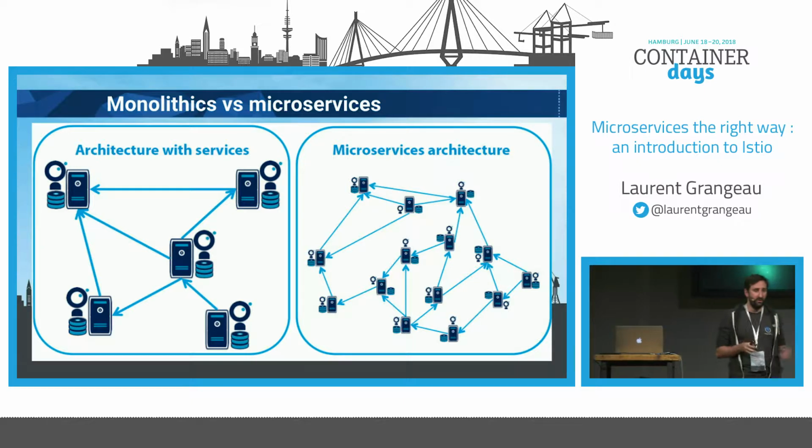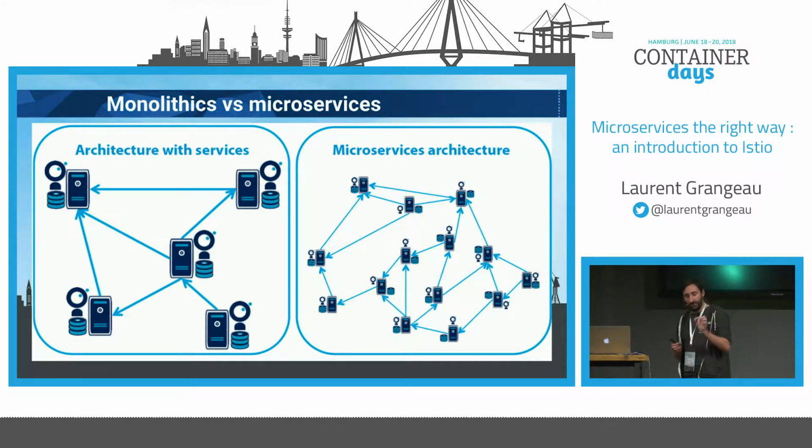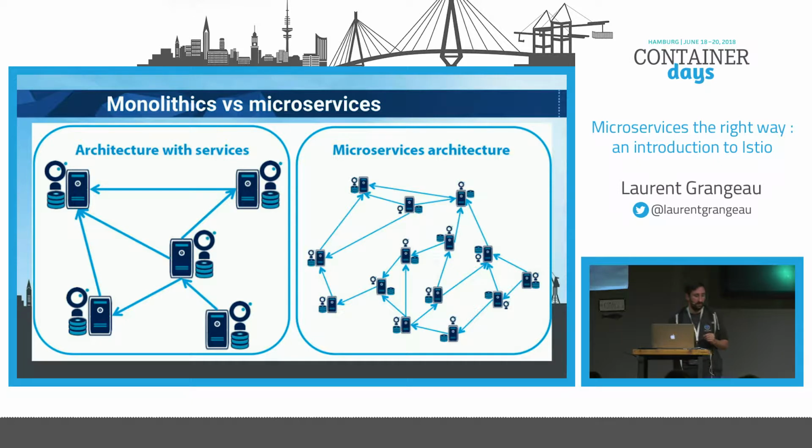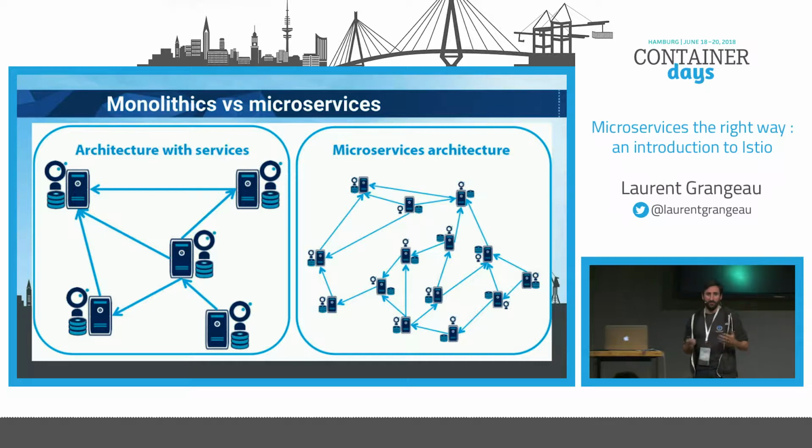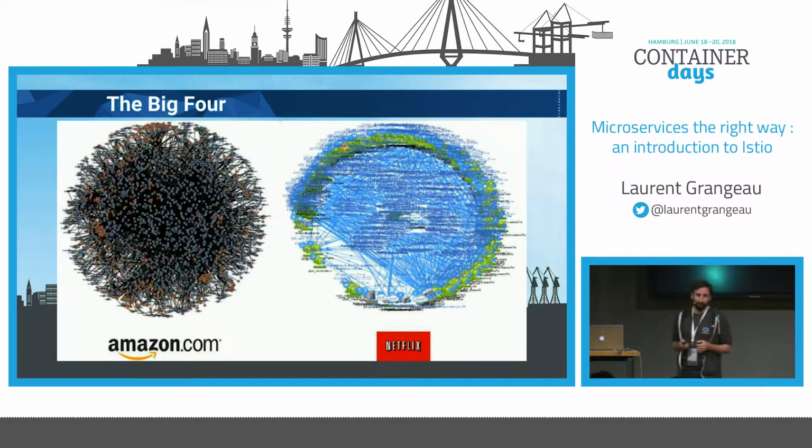And on the right side, you have microservices, which are small units of services you can deploy anytime you want, lots of times during the day, and they talk to each other with a service mesh. It's not a really difficult architecture, but when we are talking about the big four, Google, Netflix, Amazon, it's more like this.